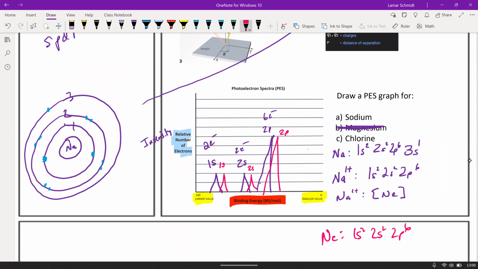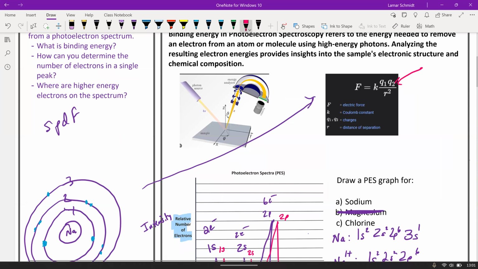Okay, and so I just want to point out again, they both have the same electron configuration. Why does neon have peaks to the right, showing a lower binding energy at each peak? Because it has fewer protons. If we look at Coulomb's law, we're in the numerator, right?